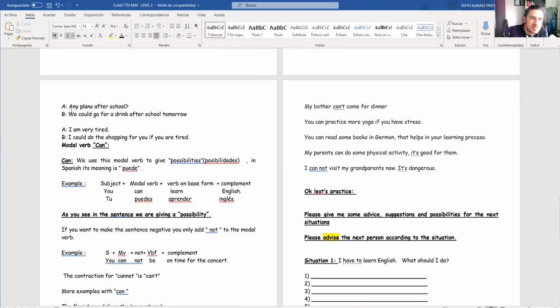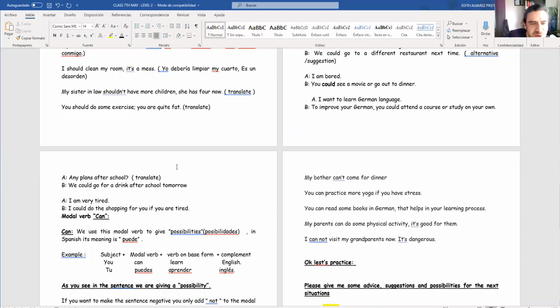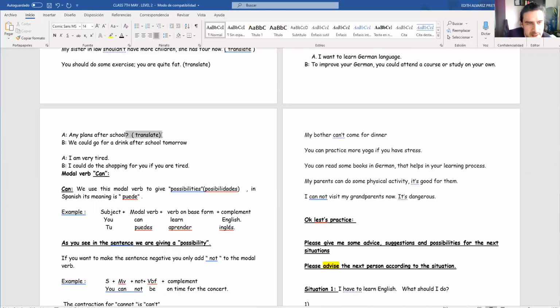More examples. Estos sí los voy a dejar que ustedes traduzcan, con sus palabritas, ¿no? No using Google Translator, ¿ok? The sentence is, any plans after school? We could go for a drink after school tomorrow. Friend A says, any plans after school?